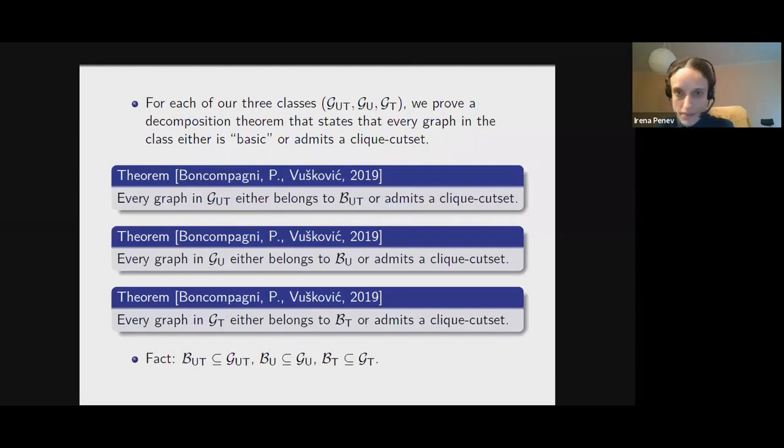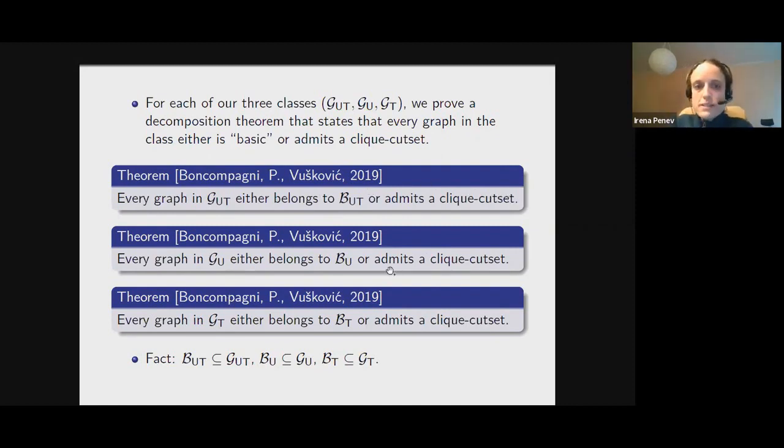So here are the theorems, except of course you don't understand them yet. They're all of the same form. So for example, we have this decomposition theorem for this class GUT. It says something like every graph in this class either belongs to BUT. What's BUT? I haven't told you yet, but it's some sort of basic class that I need to define, or it admits a clique cut set.